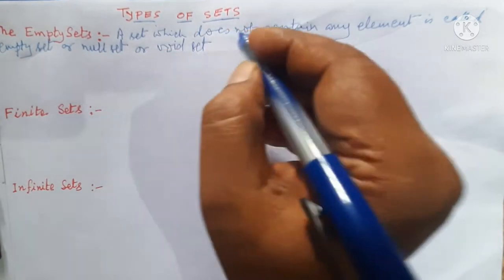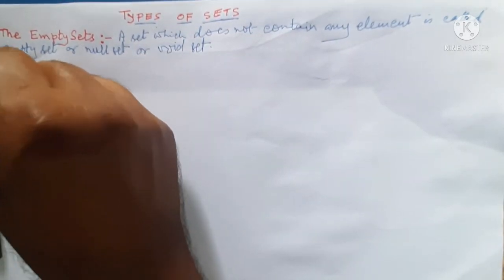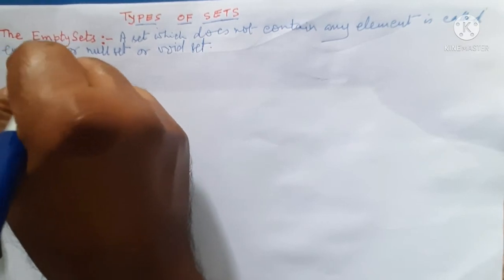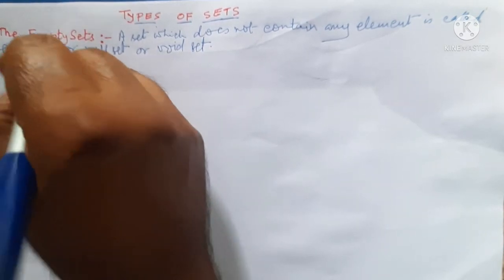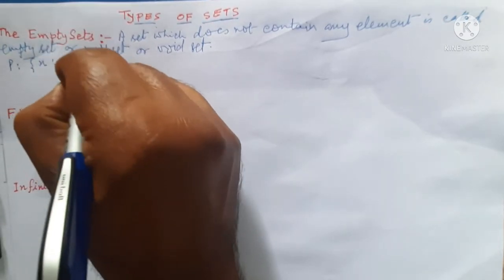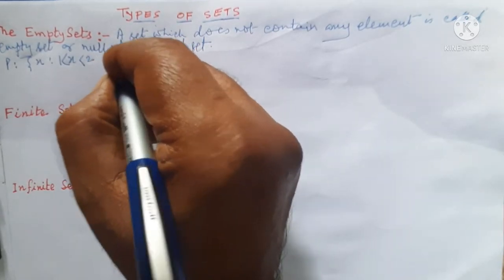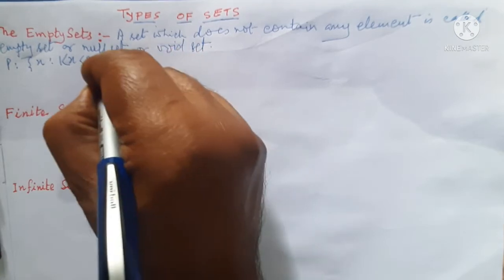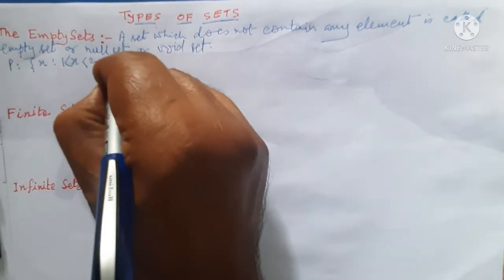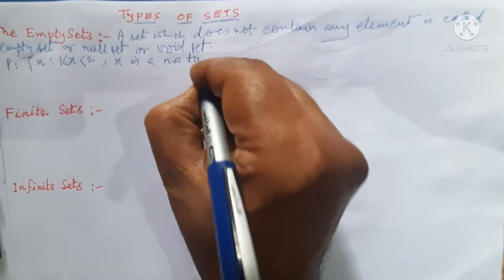Let us see set P: x such that x is greater than 1 and less than 2, and x is a natural number.